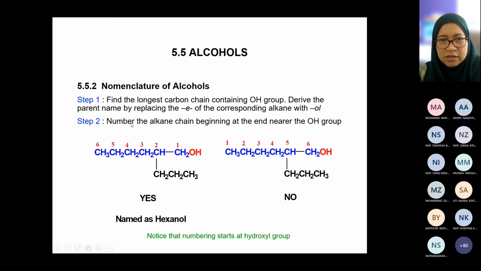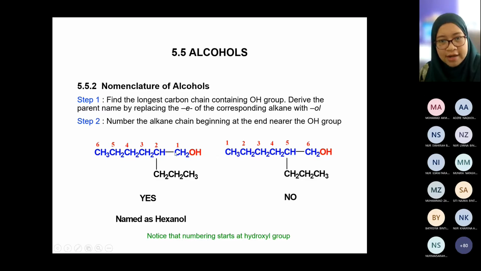Step number 2, number the chain beginning at the end nearer the OH group. For this one, the focus is more on the functional group. So try to get the lowest number possible for the functional group. Like the example we have here, we have two options. One, if we start from the right, and also if we start from the left.